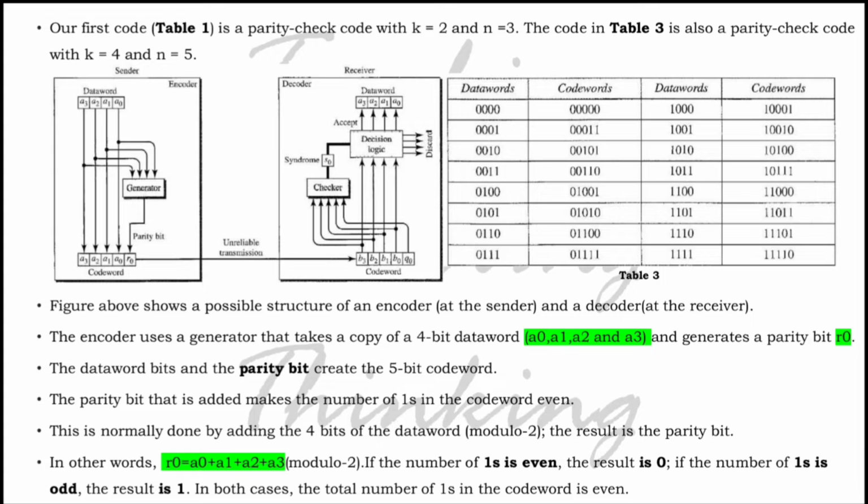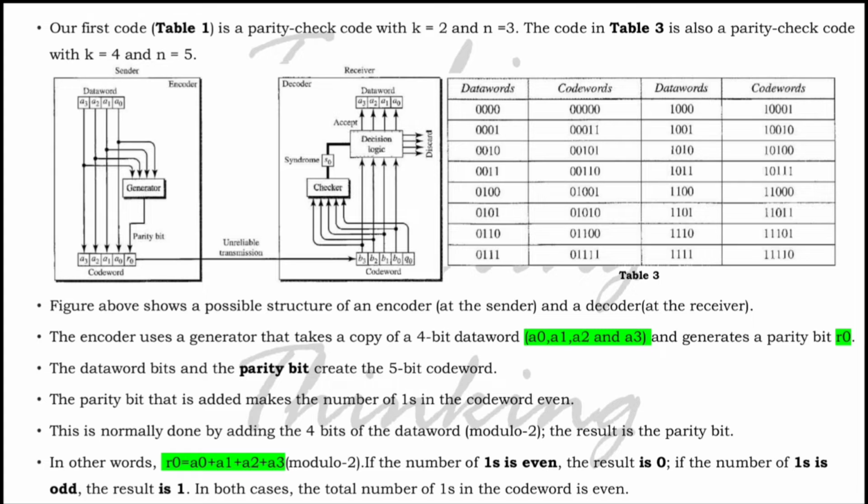R0 is the parity check, and it is transmitted to the receiver, and the receiver receives the code word as B3, B2, B1, B0, Q0. These go to a checker function, which generates a syndrome, and it will accept or discard in the decision logic, and it gets the data word A3, A2, A1 and A0.